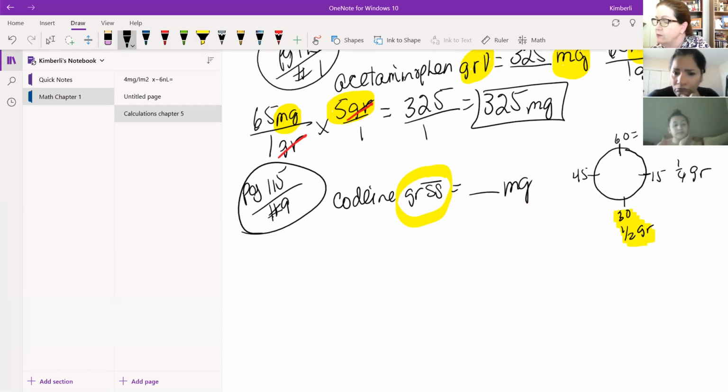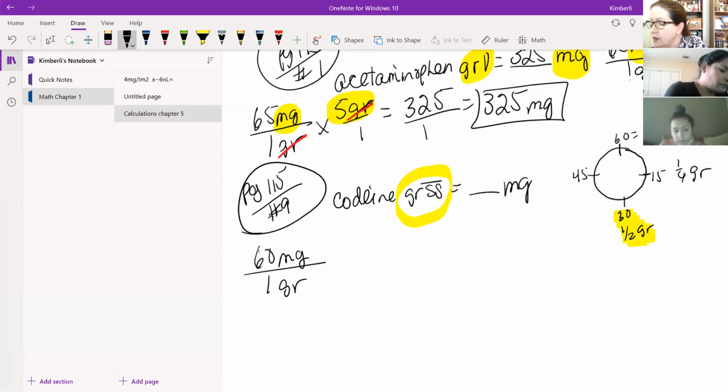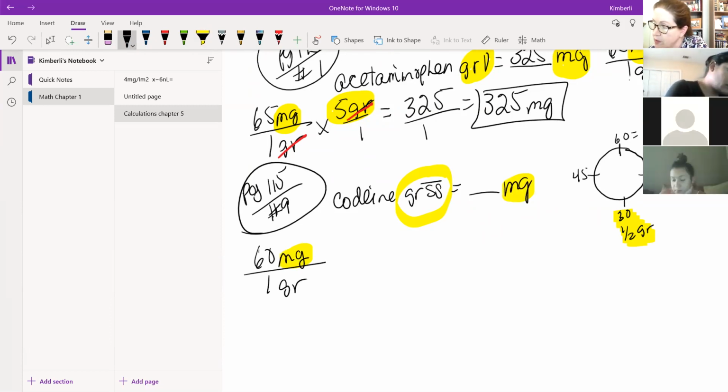Well, we want to know how many milligrams. So since it's coding, we're using 60 milligrams to 1 grain, right? So I'm going to put the milligrams on top because I want to end up with milligrams. And then I'm going to multiply it by this, which is 1/2 of a grain.